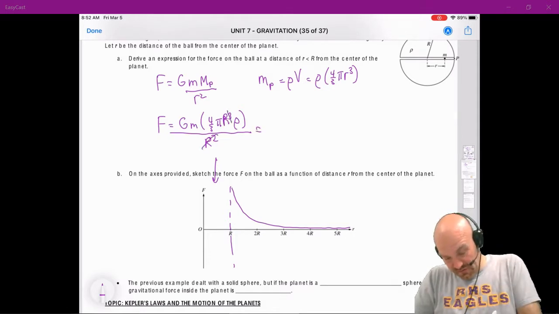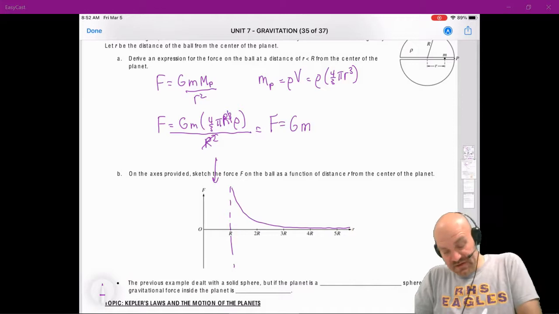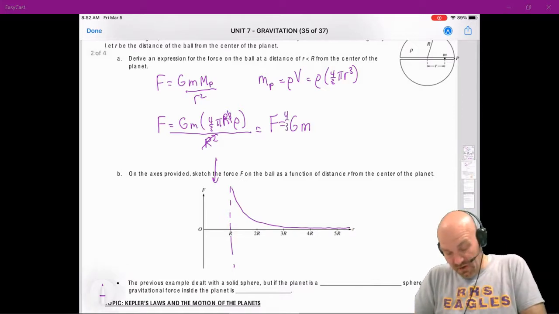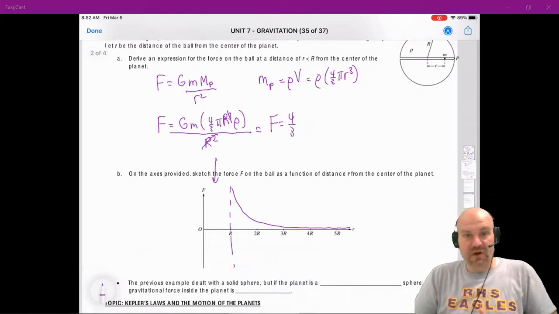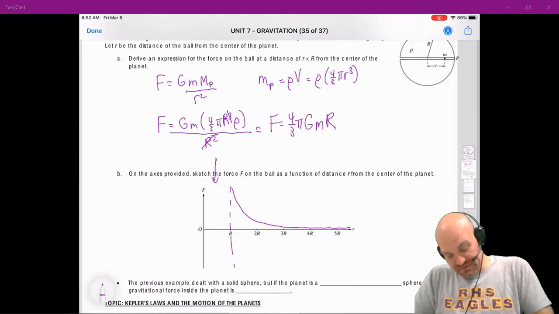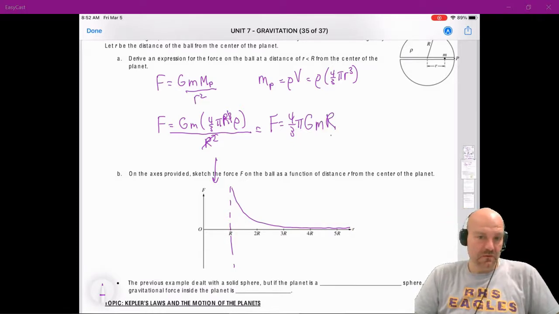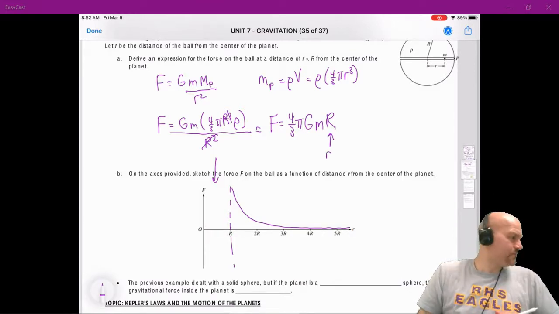So we're going to say 4/3 pi big G times the mass of the object times the radius of where we are. Again, this r for us will be little r, which is inside the planet. And so this is now going to be linear, so on the inside of the planet, it's going to be linear.